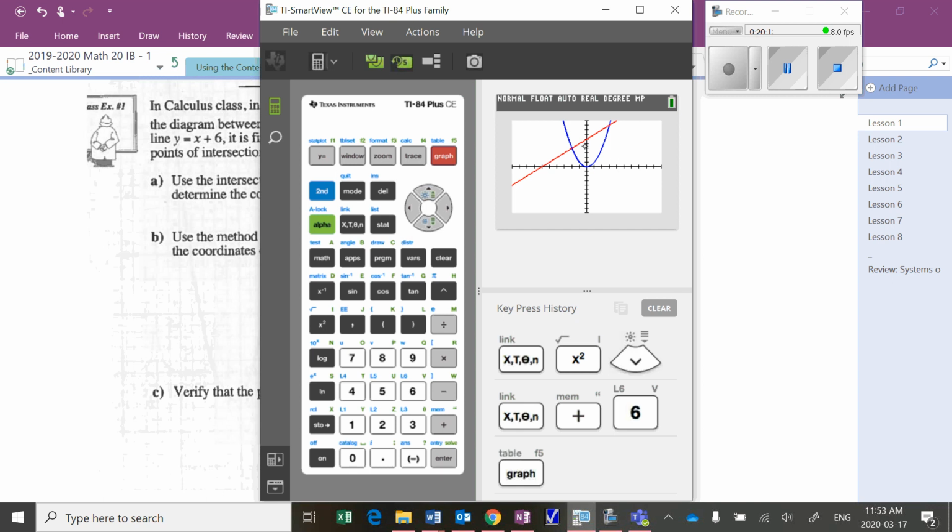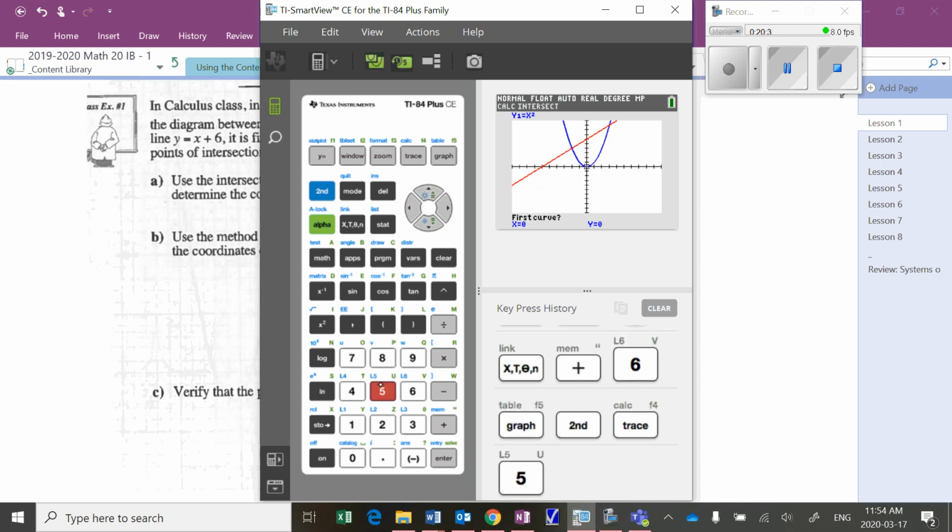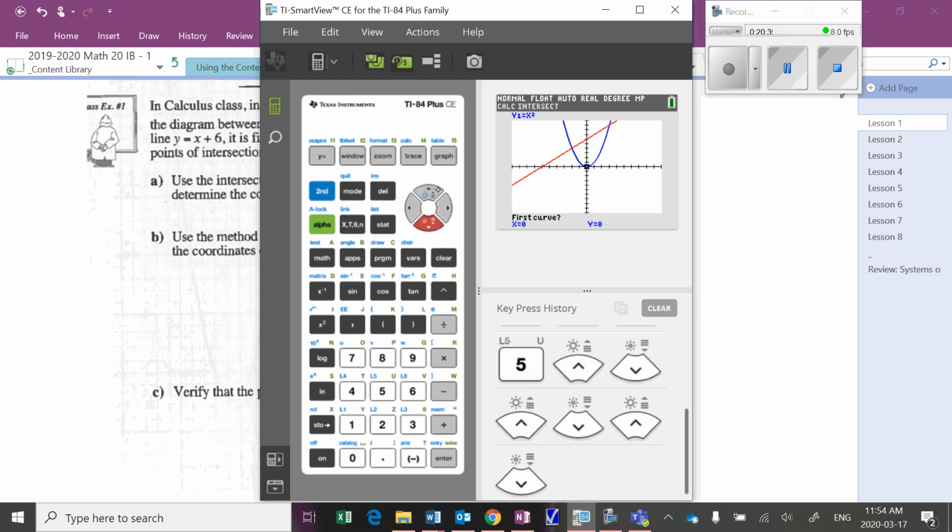In order to figure out those intersection points, you want to consider which one you're going to find first. Again, we're looking at that calculate menu. So second, trace, or calculate, and of course that fifth option is intersect, so you can arrow down to that or just quickly hit 5. For the first curve, just a review on graphing, you can see when I go up and down, that goes between y1 and y2, our two graphs, which is most relevant if you've got multiple equations.